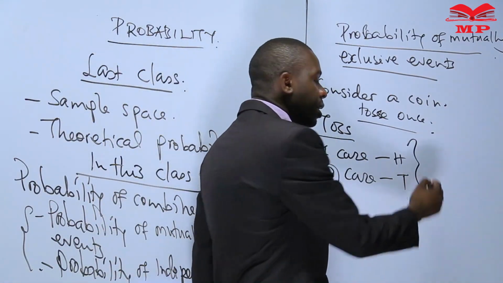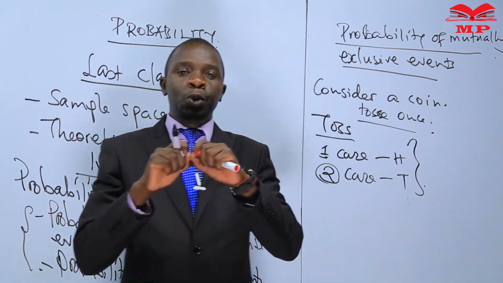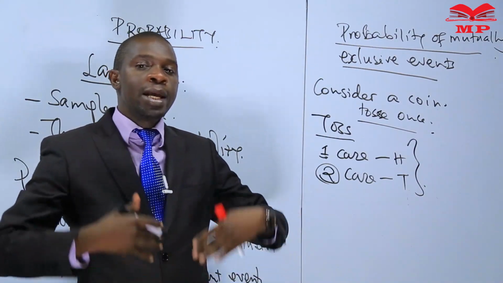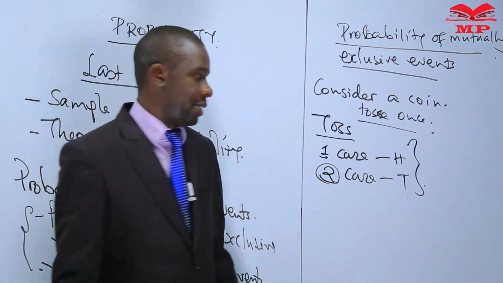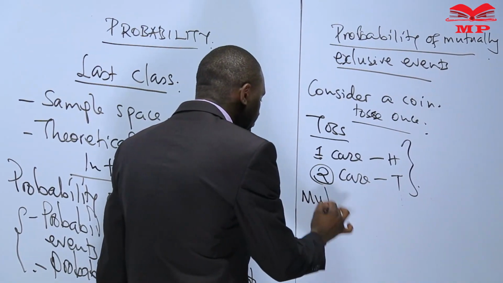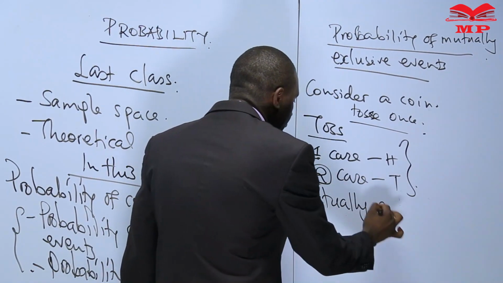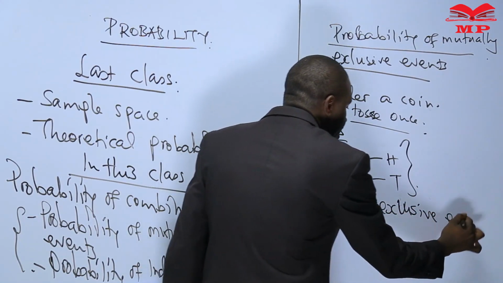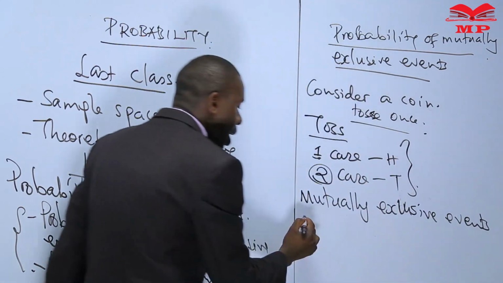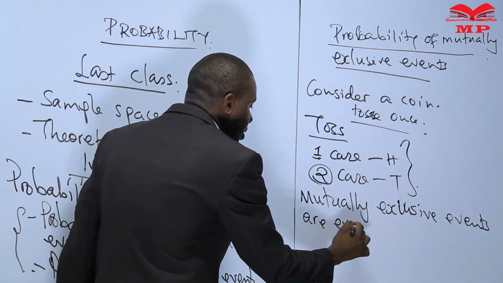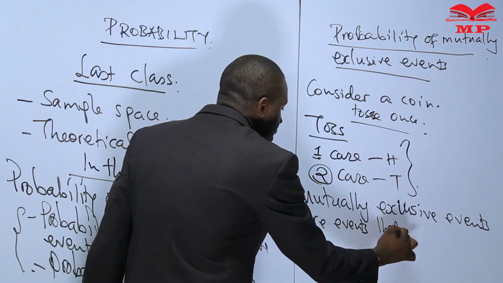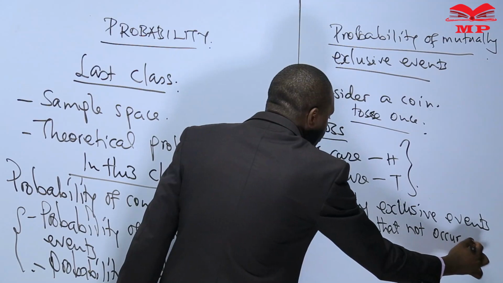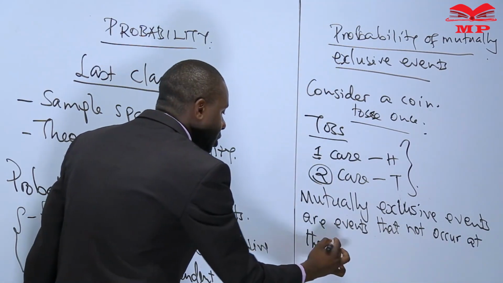Now, events that you cannot have happening at the same time are what we call mutually exclusive events. So mutually exclusive events are events that cannot occur at the same time.